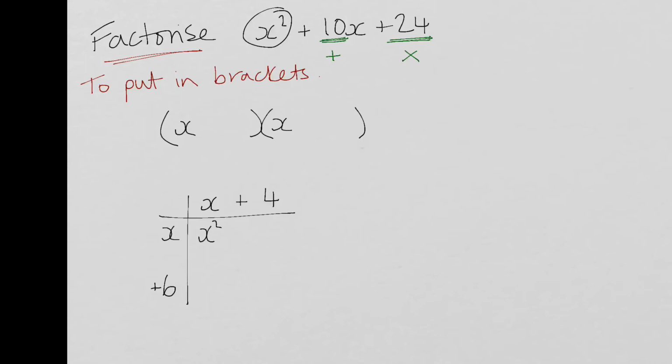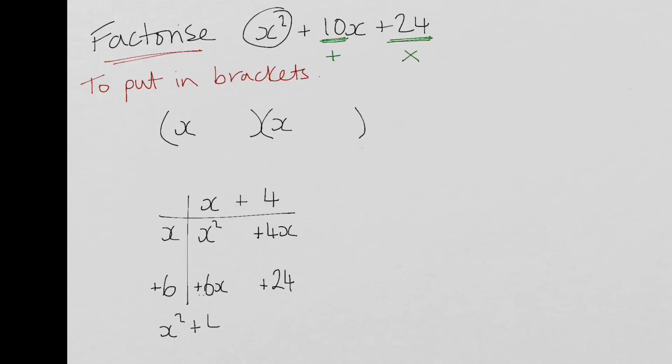So let's see if this works. If I did x times positive 4, I'd get a positive 4x. If I did x times 6, I'd have a positive 6x. And if I did 4 times 6, both positive, then I'd get plus 24.